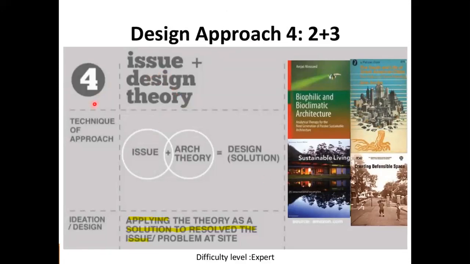So in the fourth design approach, we are actually combining the issue and architectural theory to provide the design solution, applying the design theory as a solution to resolve the site issue or any particular issue faced by the building. A very common example is sustainable living. For example, in Karachi, Yasmin Lari is one of the famous female Pakistani architects.